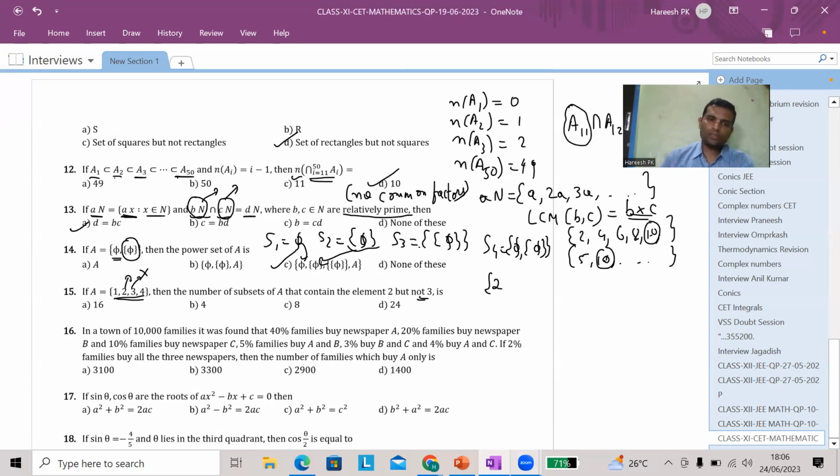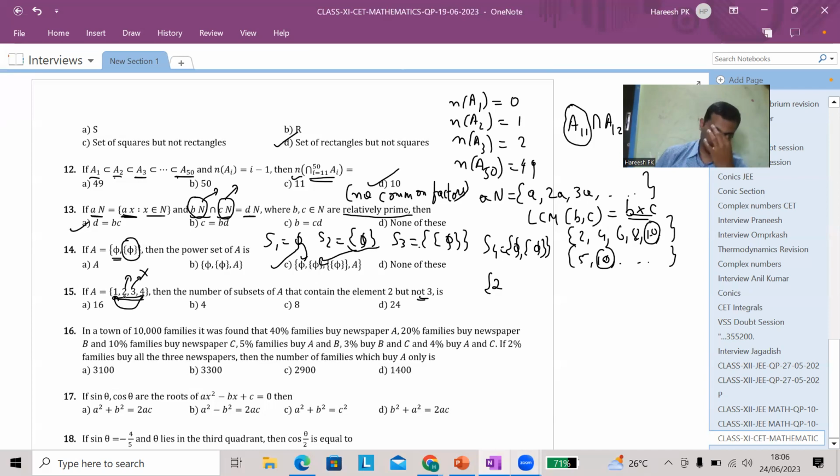So once you do this, now you have just 2 more elements to play around with. You simply have 1 and 4. So with 1 and 4 only, you can do all permutation and combination. You can either pick both of them, 1 and 4, or pick only 1, or pick only 4, or pick none of them.